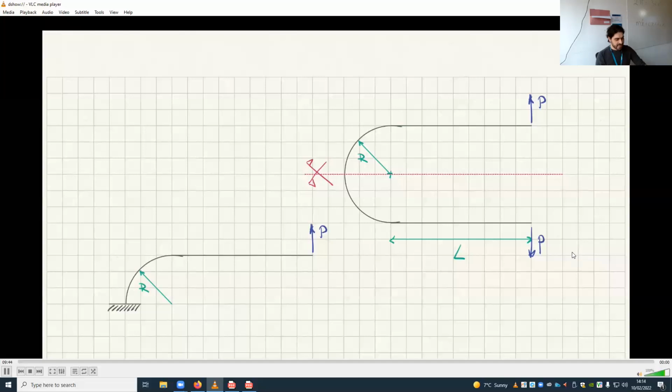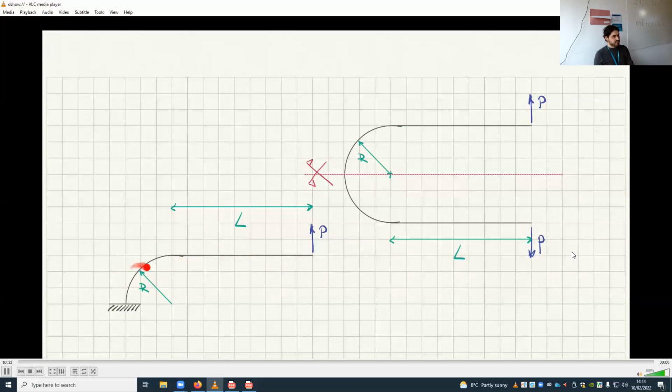Now I have to ask myself, what is the strain energy of this beast? This is L. First of all, I need to calculate the bending moment, shear force and normal force of everything. Of course, there is no normal force in this bit.